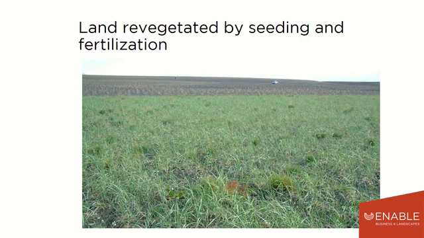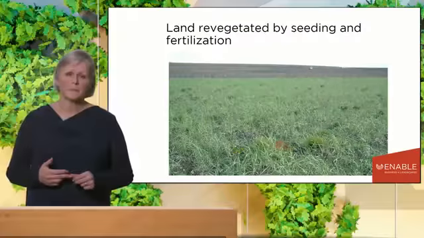The first restoration interventions on eroded land are often revegetation by seeding or planting, frequently associated with fertilizers and, where needed, water harvesting techniques. The safest approach to finding suitable plant material for revegetation is to look at the native plants in the area, as these are adapted to the local conditions and disturbance regimes.